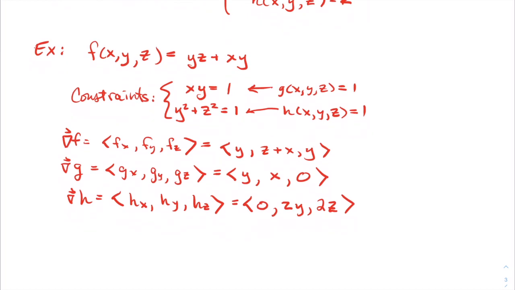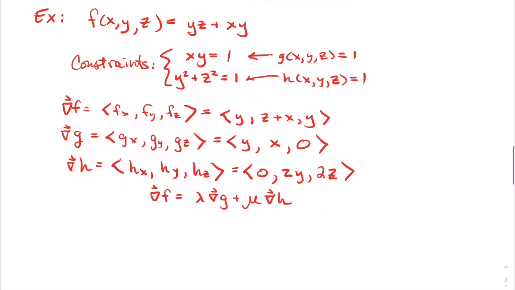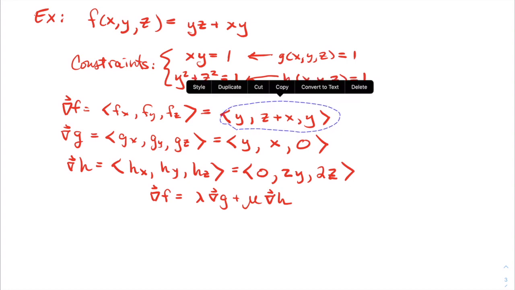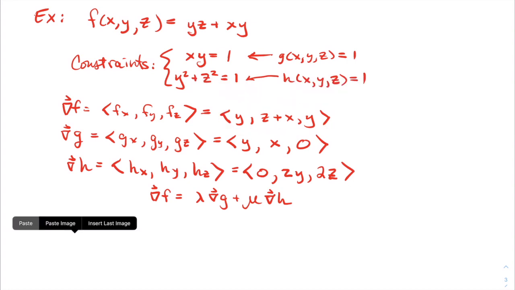Now, the equation for Lagrange multipliers, the first equations, is that the gradient of f is lambda times the gradient of g plus mu times the gradient of h, with two Lagrange multipliers. So we probably should work that out. The gradient of f is up above, so maybe I'll just copy and paste that. So here's the gradient of f coming down.